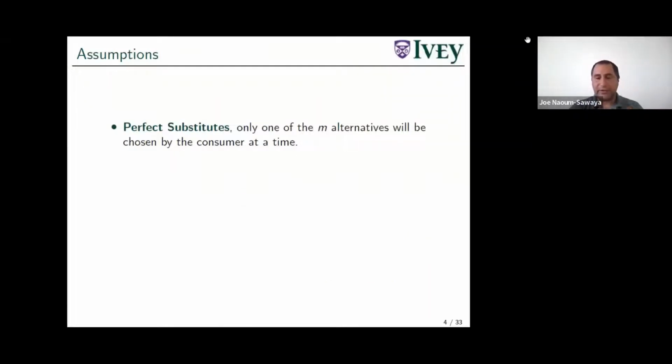Besides these assumptions about utility maximization and how that drives consumer behavior, we also have very strong assumptions about the different substitutes or the different variations of the products. All these models make the assumption that we have perfect substitutes. So when I'm looking at M alternatives, or M different variations of the iPhone, I will choose only one of them.